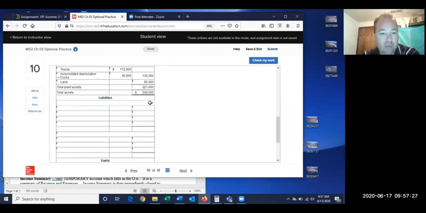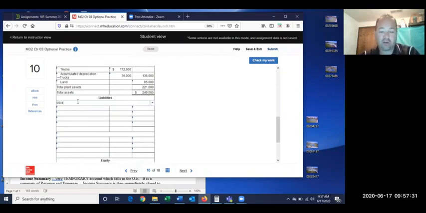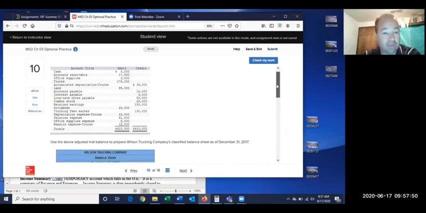Now we come down to our liabilities. Just like with the assets, we break these down into current and non-current. So our current liabilities are ones that we're going to be paying off really soon. Accounts payable, that's one you usually pay off real soon. Interest payable is usually one you pay off real soon. And then long-term notes, that's pretty self-explanatory. That's going to be paid off over a long time.